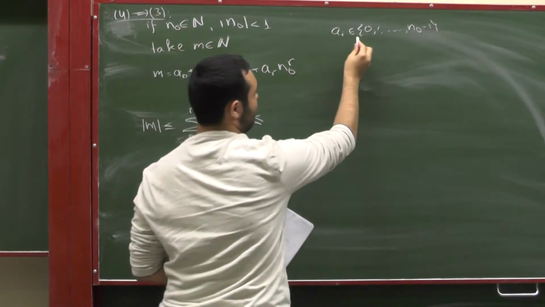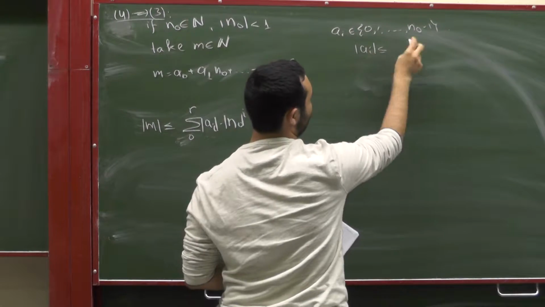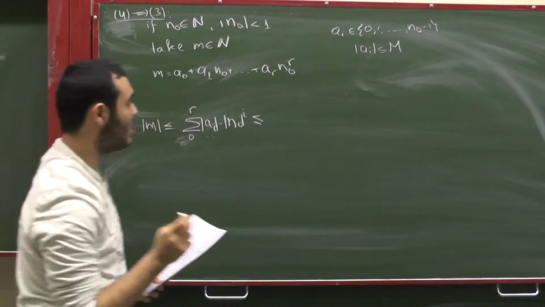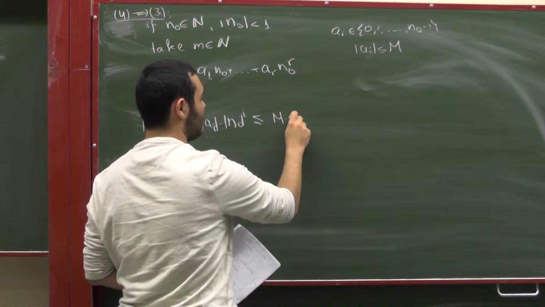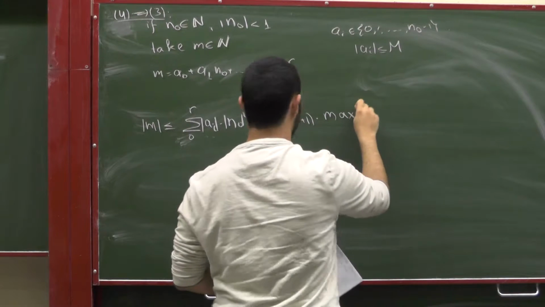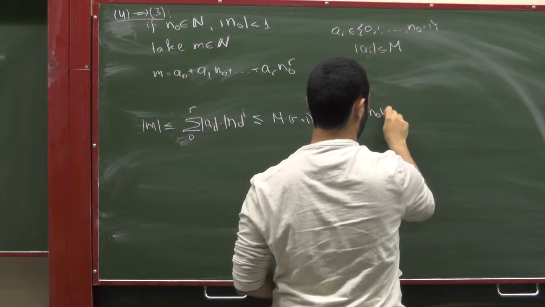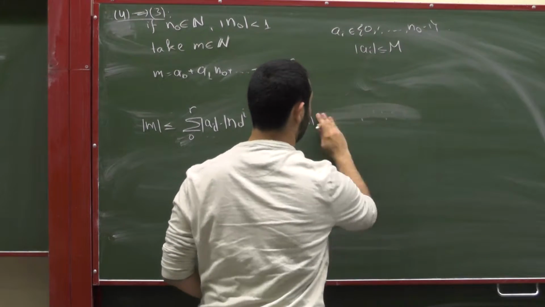Each of those a's is in the set, so I can take the maximum of these possible values, because this is bounded by some big M. This is bounded by M times the number of elements times the maximal one. But actually, let me do something else.